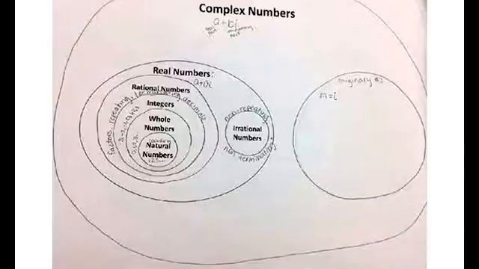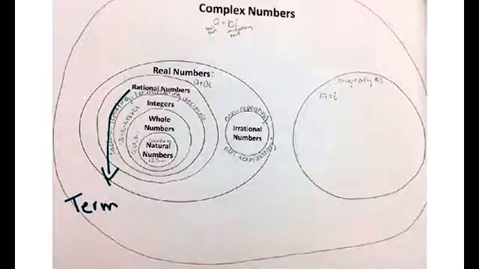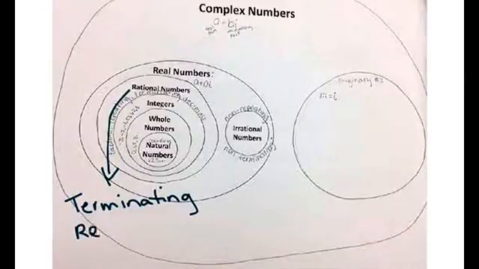Now, the thing to remember here, and you can't see it real well on this picture, is that the rational numbers are terminating or repeating decimals. Terminating means it stops.